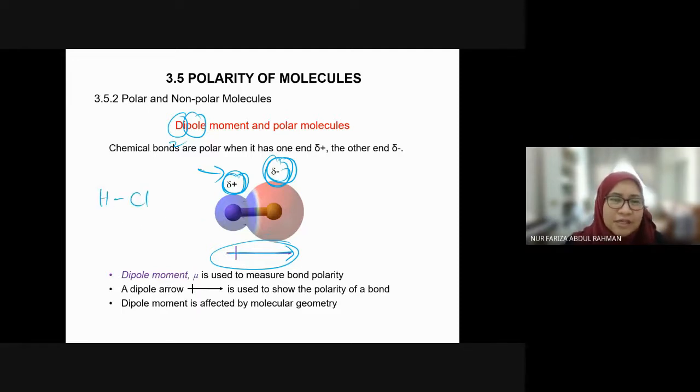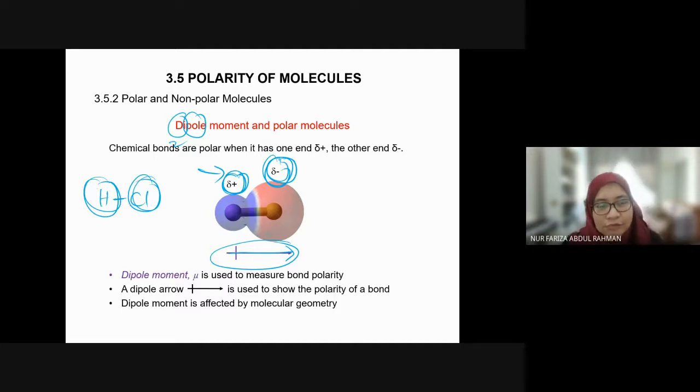Obviously kalau this bond is polar, and then molecule dia tu pun polar lah. Dia tak se-complicated that what we have learned for complicated molecule. Complicated molecule taklah complicated. Complicated means it has one central. This one kan dia dua-dua terminal. Betul tak? This is what I call simple molecule.